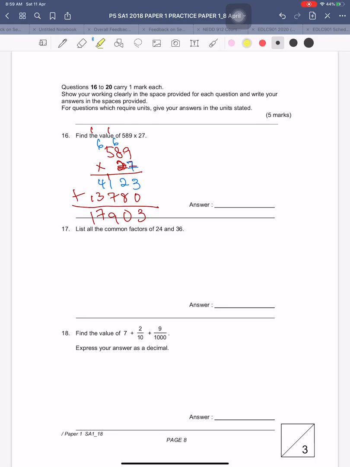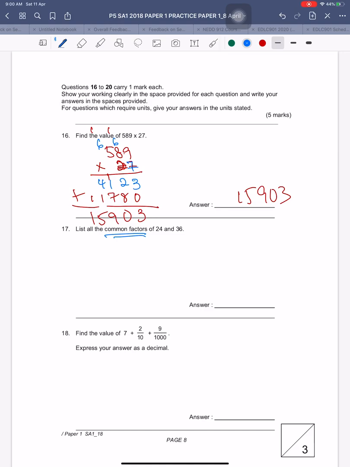This part is wrong, sorry. 5 times 2 is 10, 10 plus 1, 11. So the answer is 15,903.